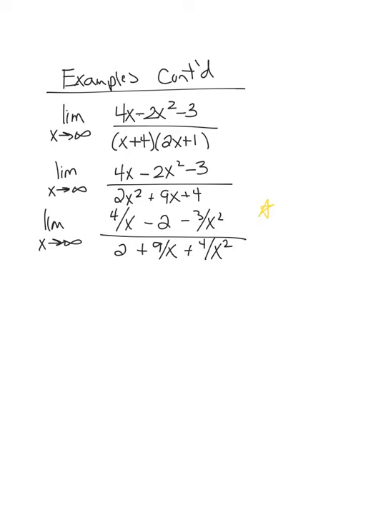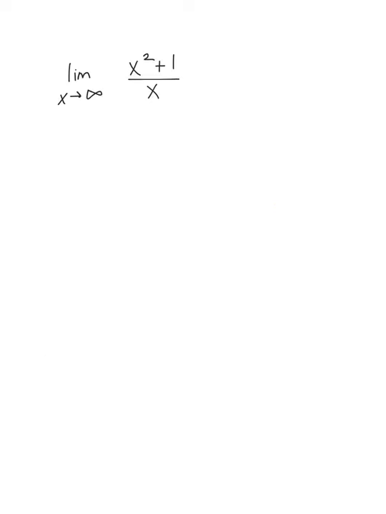I can now substitute in infinity, so I'm going to remove the limit sign here. And I'm just going to be left with 4 over infinity, which is 0, subtract 2, subtract 3 over infinity squared, 0, over 2 plus 9 over infinity, which is 0, plus 4 over infinity squared, which is 0, and then negative 2 over 2, which is negative 1.